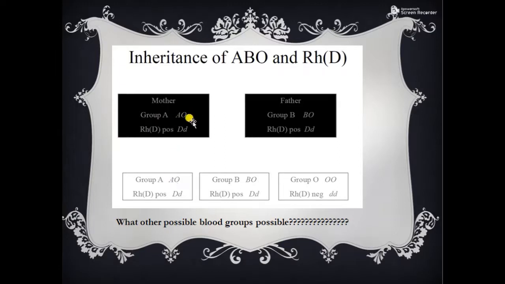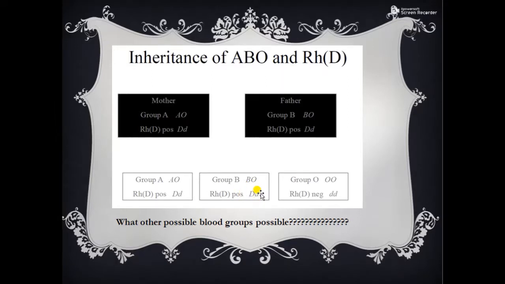The offspring can have A positive, AO, or the Rh antigen can be capital D and small d from here, or it can be a B antigen from the father and the O antigen from the mother.